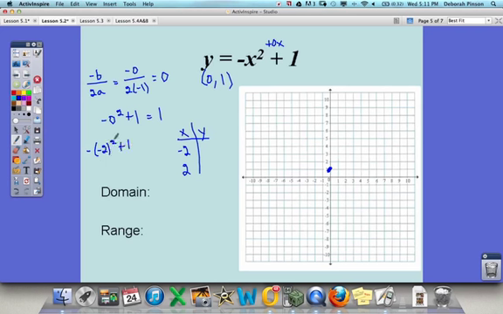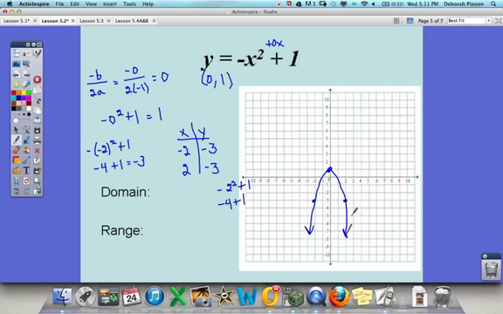Okay, so that's 4 plus 1, which is negative 3. And also negative 3. So negative 2, negative 3, positive 2, negative 3, which kind of makes sense because they are mirror points to each other. So it makes sense that they have the same y value.